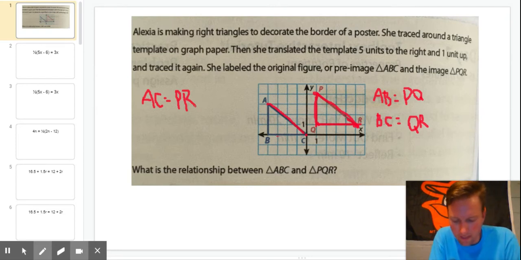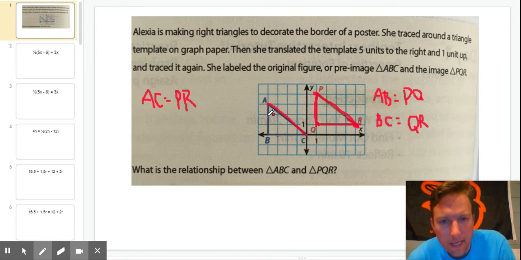When an angle is reflected, translated, or rotated, its measure stays the same. Which angle in triangle PQR is the same measurement as angle B? Looking here, here is angle B right here.